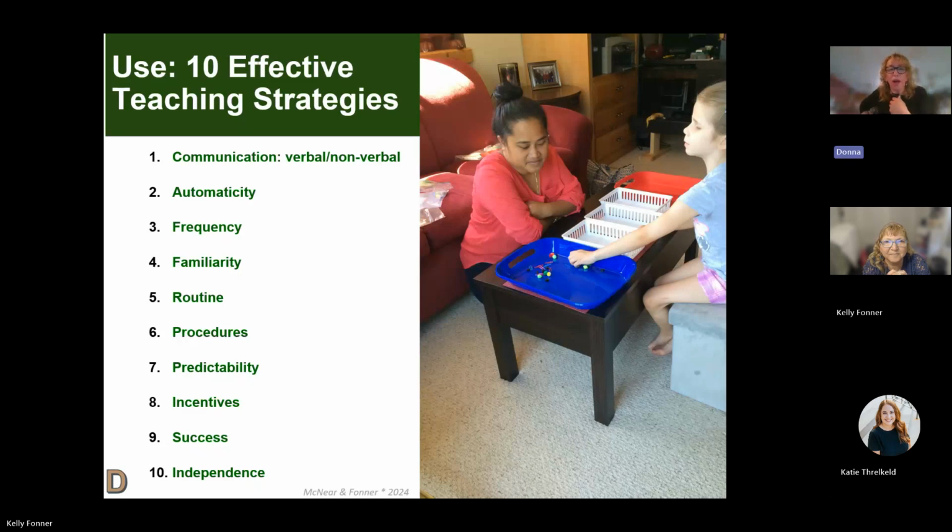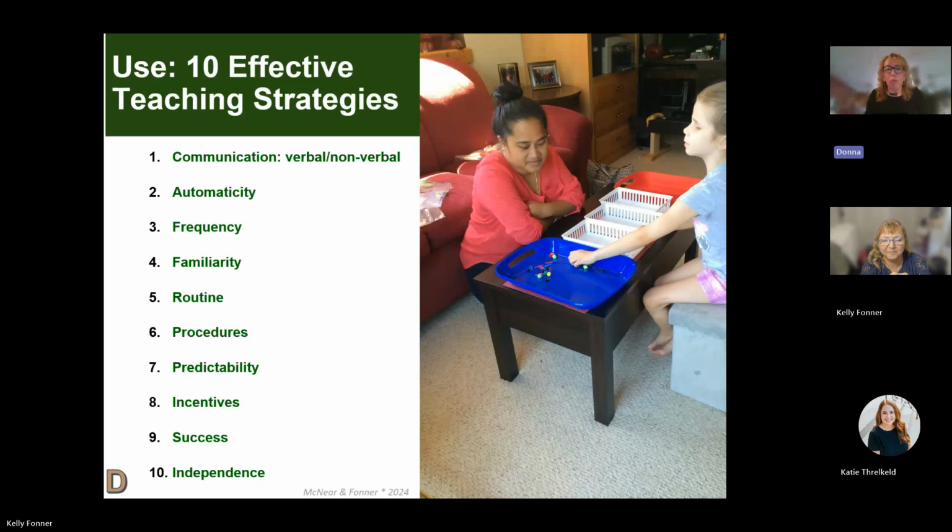So, some effective teaching strategies: here are 10 to think about. We could do a whole session on these 10, but I'm just going to list them for you so you can think about this in your own instruction. Think about your communication, both verbal and nonverbal, in the use of tactile materials and how you can support that.